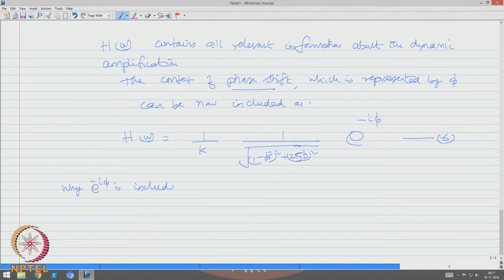What is the speciality about this exponential function? We could have used cos phi, we could have used sin phi, etc. Why e power i phi? There are two reasons for using e power minus i phi as the phase shift component.